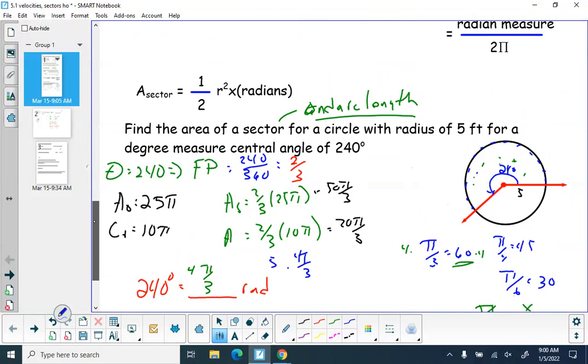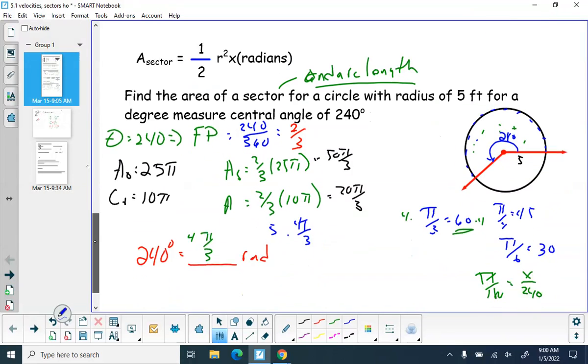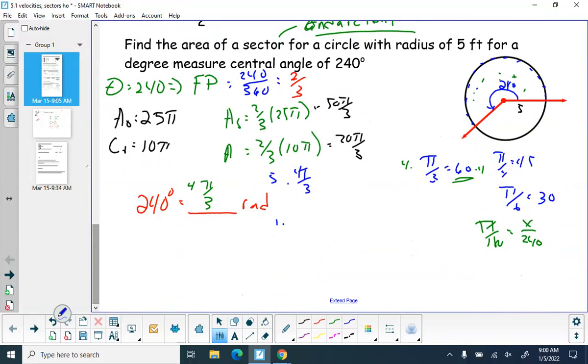The other one is 1/2 times your radius squared times your number of radians, which is 4 pi over 3. So we have 25 times 4, that gives me 100 over 6, which I could take 2 out of top and bottom and give me back my 50 pi over 3.